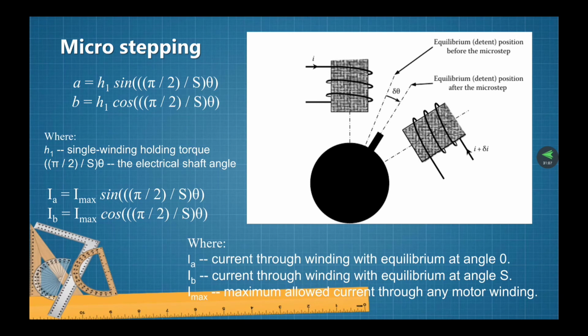We can get A equals H1 sin(P/2 · S · theta), and B equals H1 cos(P/2 · S · theta), where H1 is the single winding holding torque, and P/2 · S · theta is the electrical shaft angle.